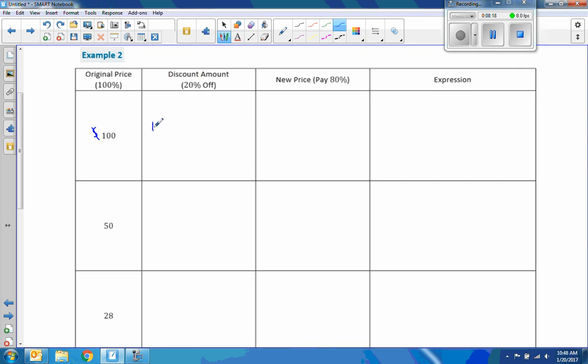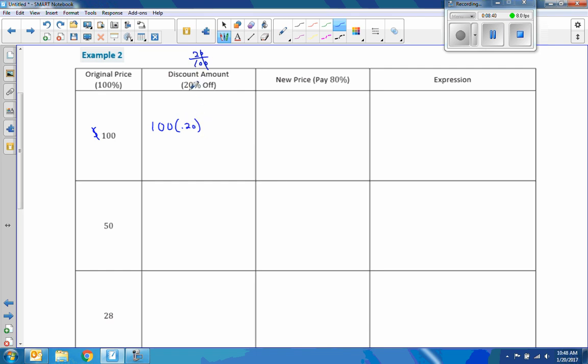Then I would take that original price, multiply it by 0.20, because 20% means 20 out of 100. So 20% can be represented as 20/100ths. Okay? And the zeros cancel, and we have 2/10ths. But if I show it as 20/100ths, hundredths means 0.20.